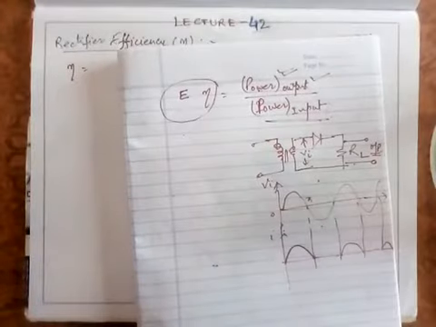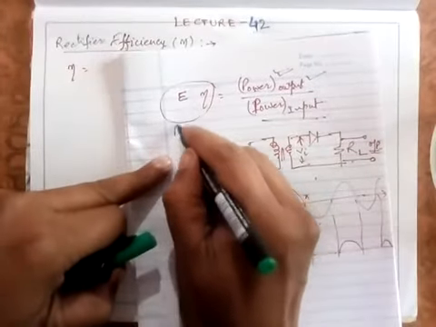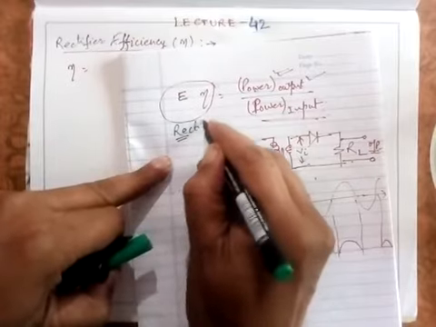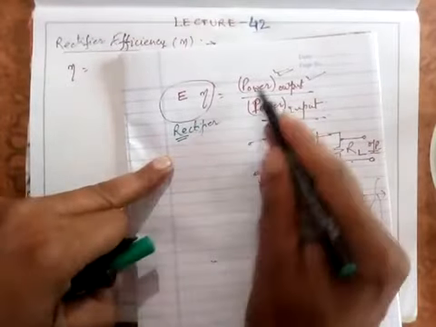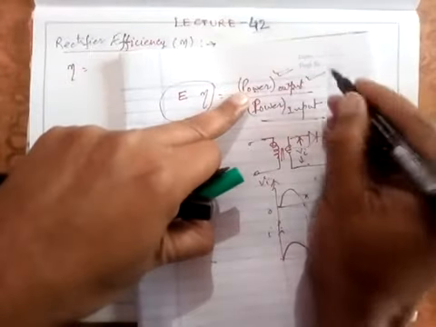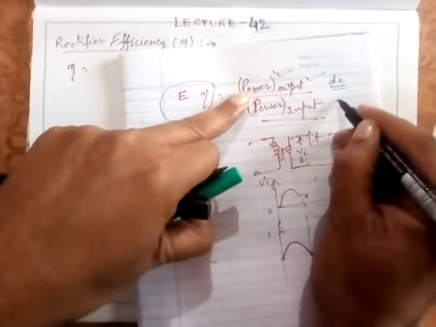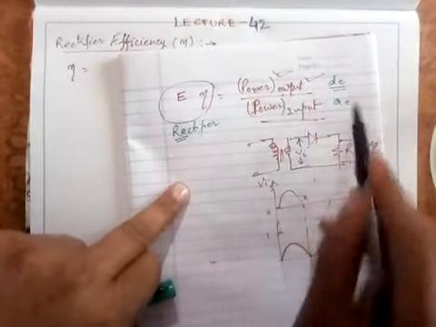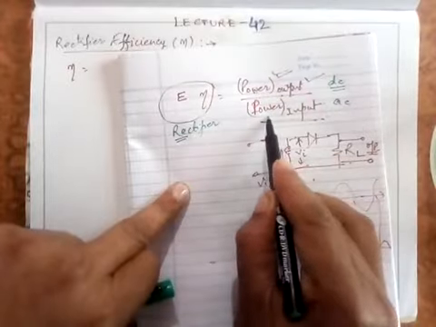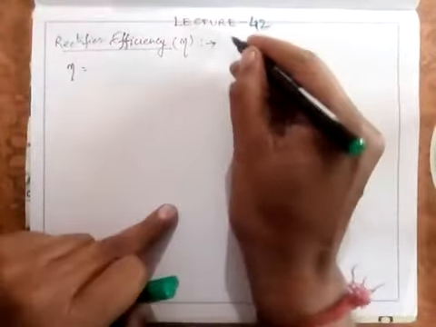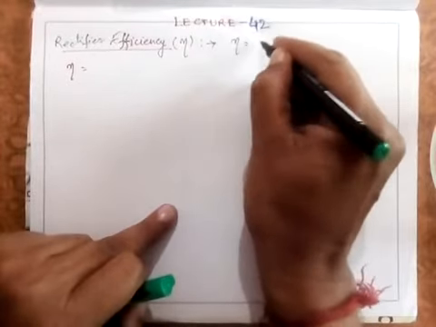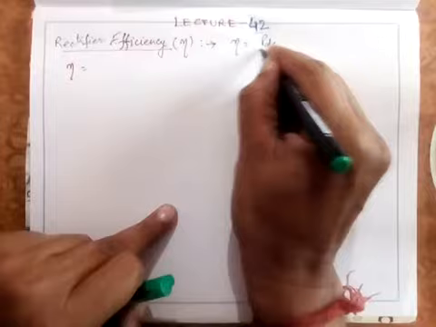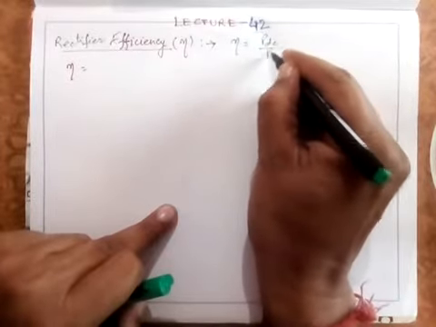In the case of a rectifier, when I ask what is the efficiency of a rectifier, the power output is DC and the input is AC. So it is the DC power delivered to the load to the AC input power. I can define it this way: this eta is PDC upon PAC, where P is power and DC of course, upon PAC.